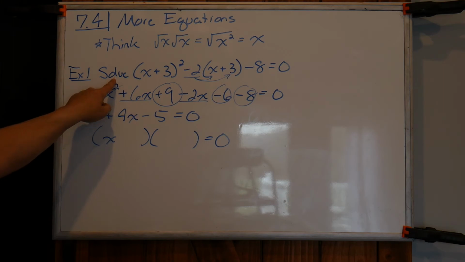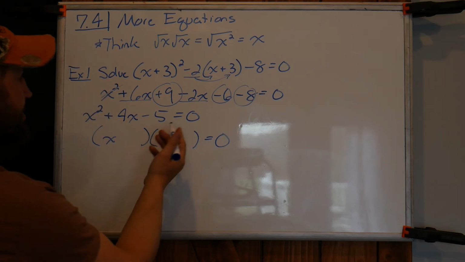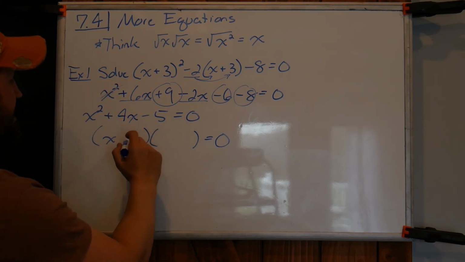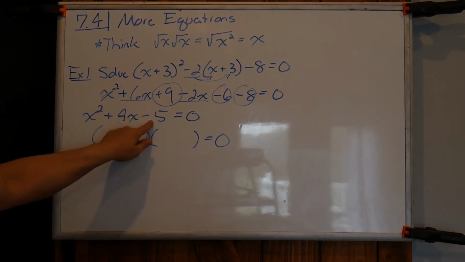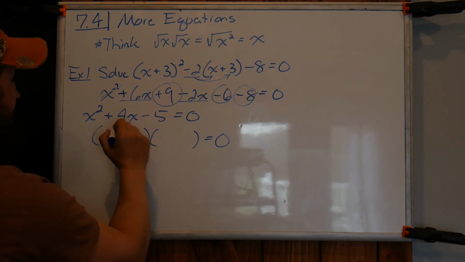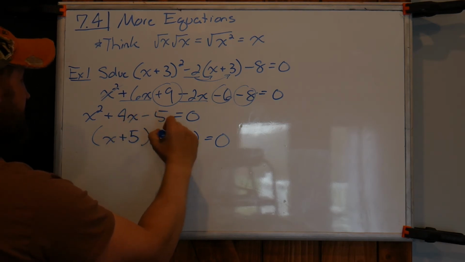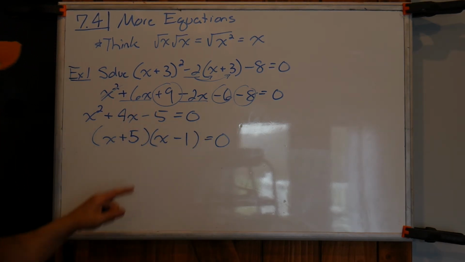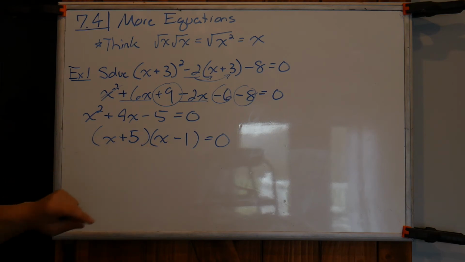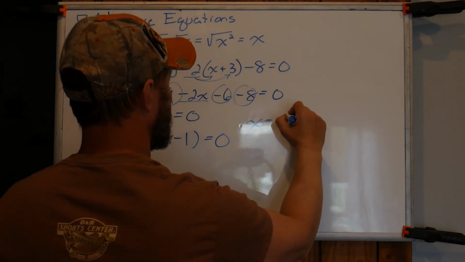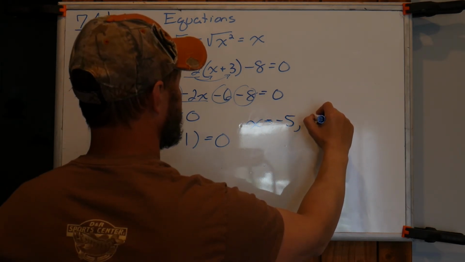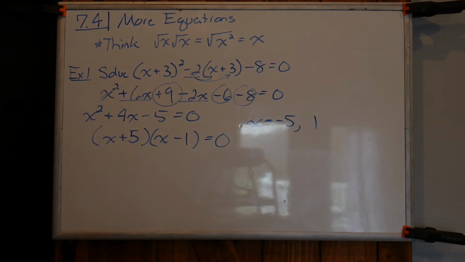So all I have to do is solve for x. It's already set equal to 0. So I need a negative 5, so I need opposing signs, and I need 4 left over. So I will use a positive 5 and a negative 1 because the difference is positive 4. And I have just solved x equals negative 5 and x equals 1.